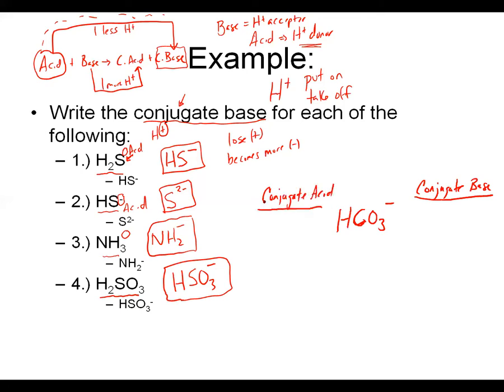So we're looking for two separate answers, one where this is the conjugate acid and one where it would be the conjugate base, both starting with HCO3 minus, which is bicarbonate. Why don't you take a moment here and give that a go? And if you have questions, feel free to ask.